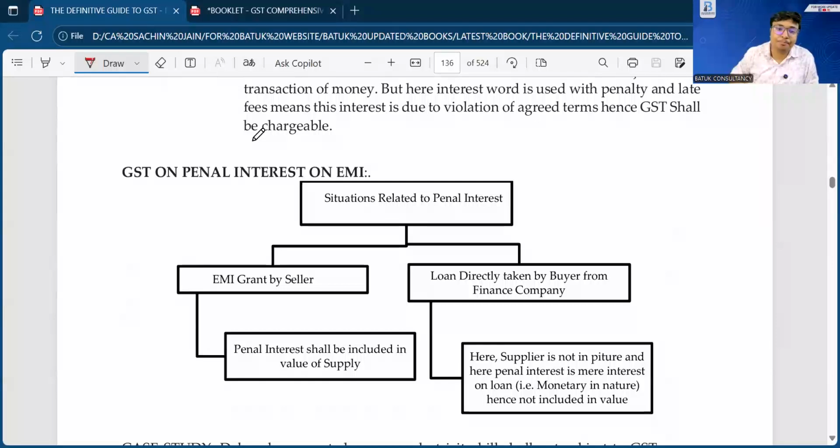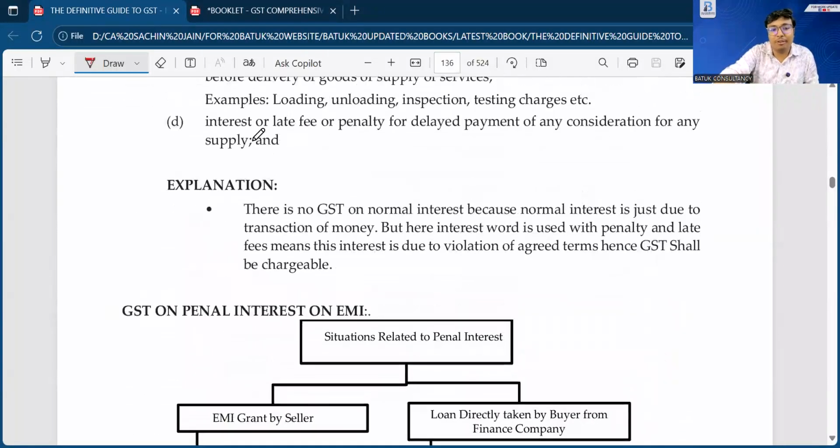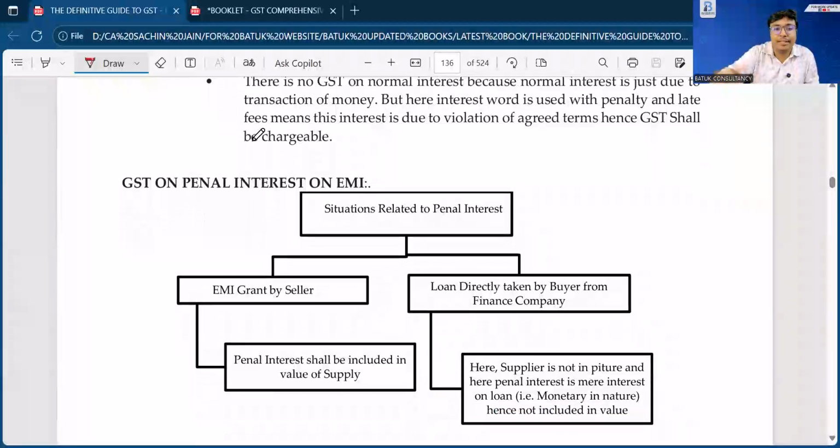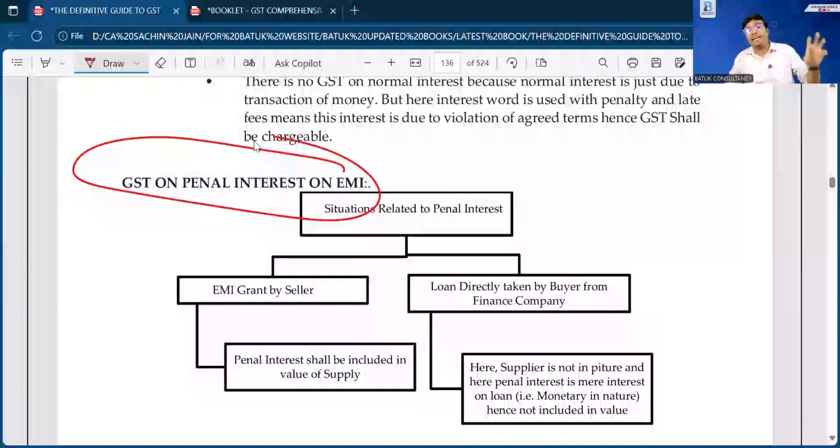If you check page number 130 of our book, GST on penal interest on EMI: situation related to penal interest, EMI granted by seller, penal interest shall be included in the value of supply.